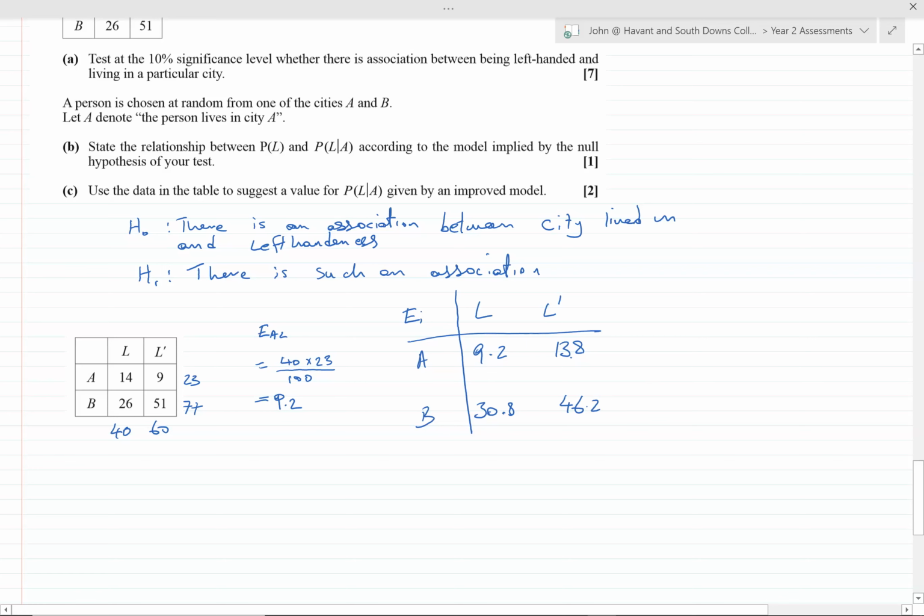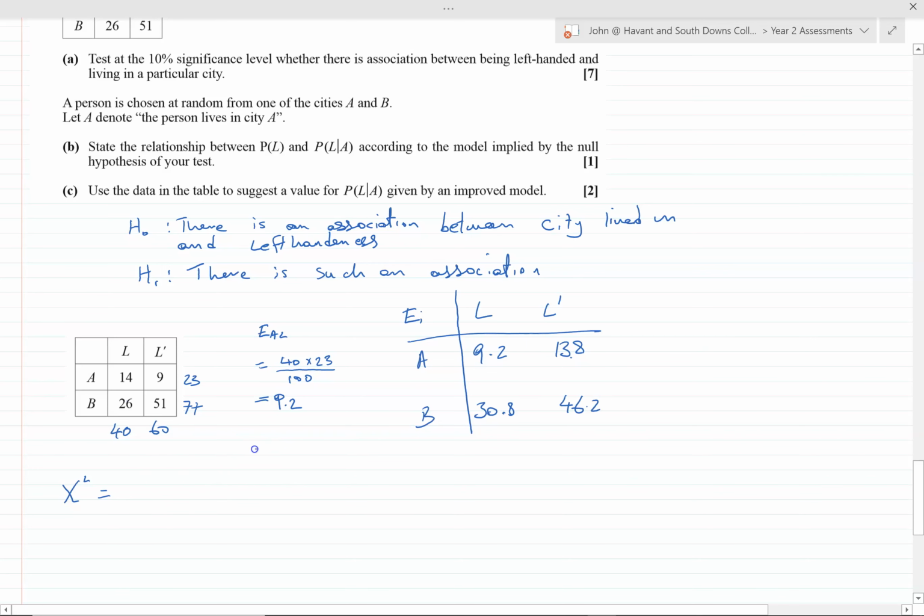So then we work out our chi-squared, or what the deviations are, the sum of them squared. Remember that is equal to the sum of the modulus of OI minus EI, or the other way around, take away 0.5, all over EI, and that bit squared. That's the formula we're using.